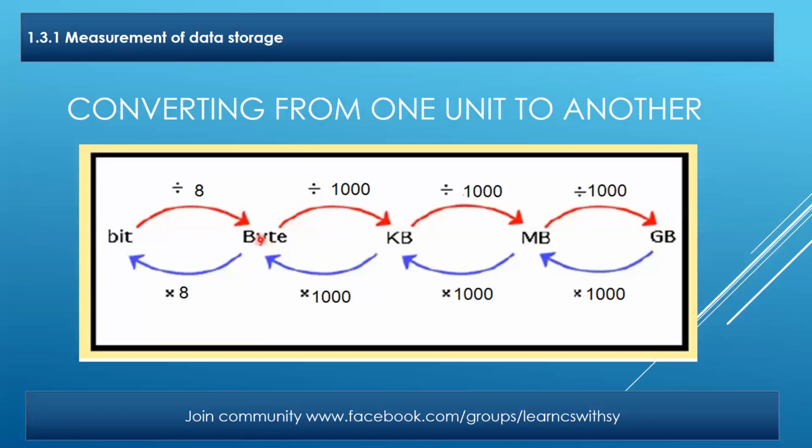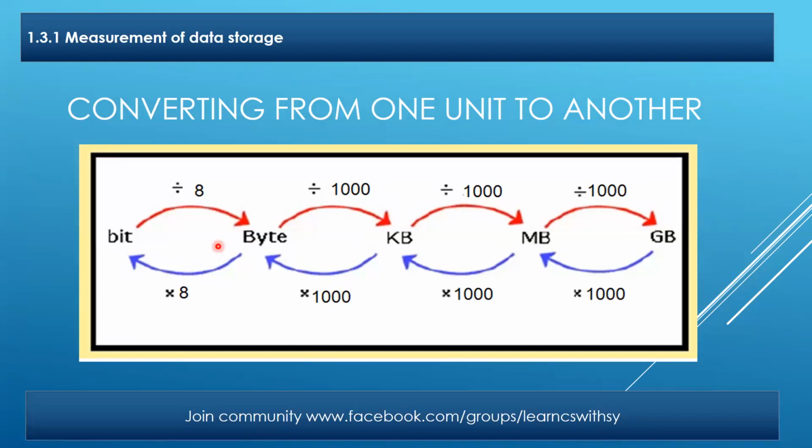After that, if you are moving from byte to kilobyte, you'll be dividing by 1000. Then if you're moving from kilobyte to megabyte, you'll be dividing once again by 1000. And if you're moving from megabyte to gigabyte, you will again be dividing by another 1000. So just remember, first of all, bit to byte is division by 8, and then all the others are division by 1000, division by 1000, and division by 1000.